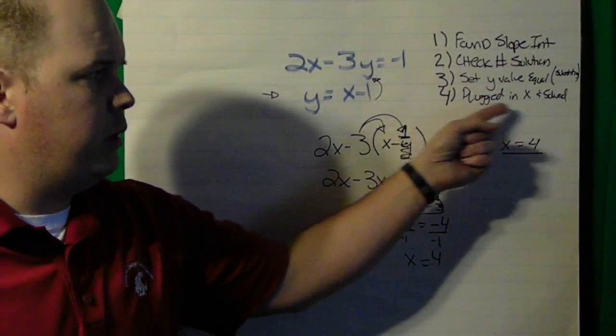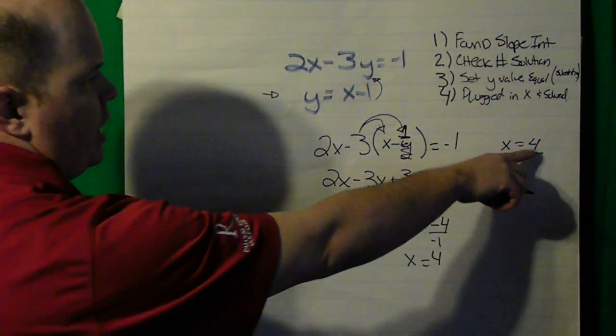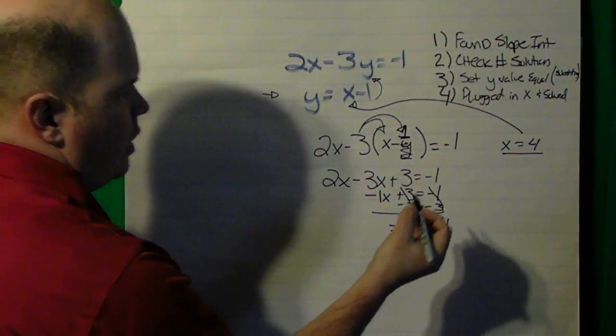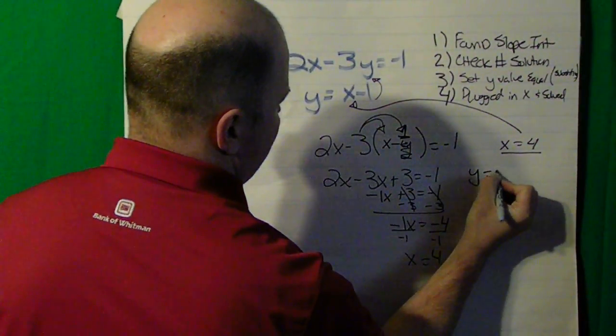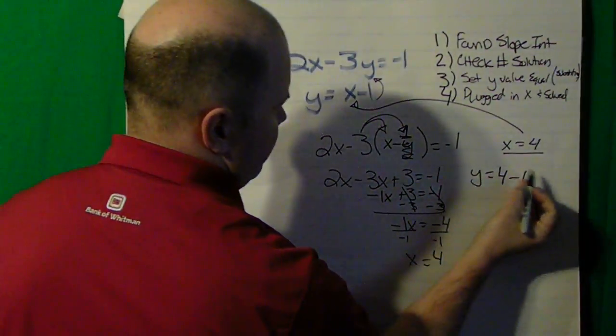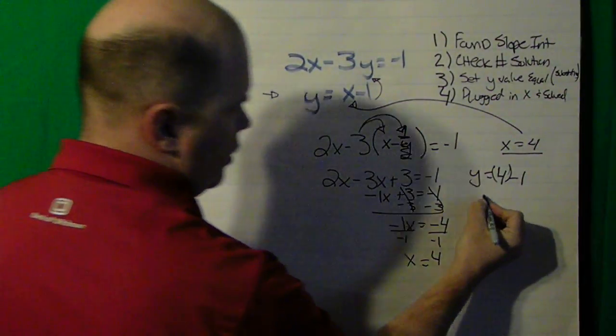So now all I got to do is plug x back into it and find a y value that coordinates with that. So I'm going to take my 4, and I'm going to plug it right into that equation. So I'm going to go y is equal to 4 minus 1. That's the place of the x here. 4 minus 1.